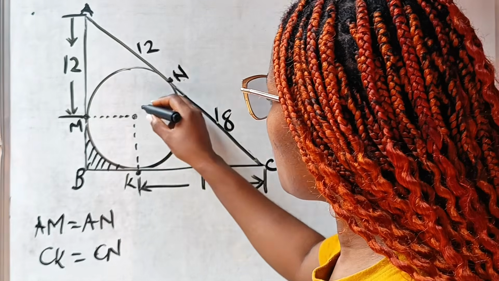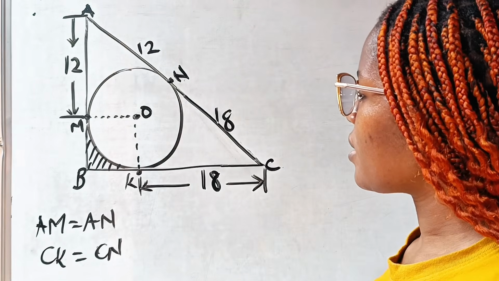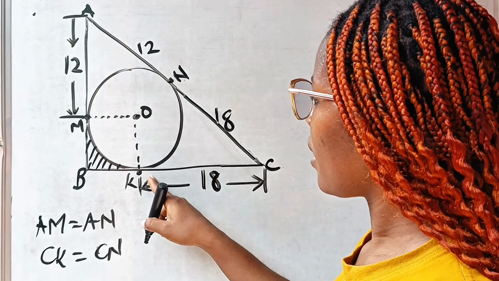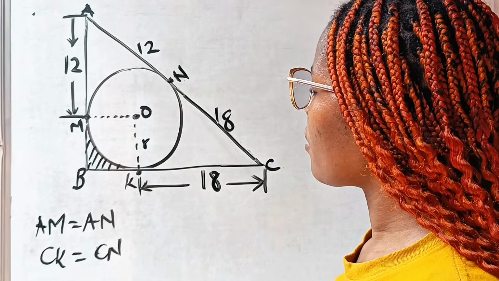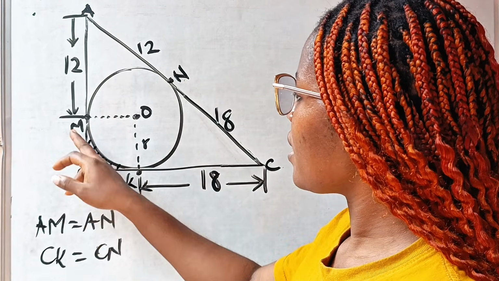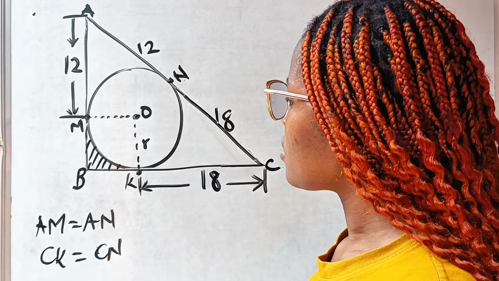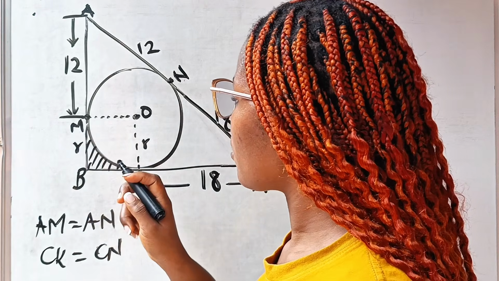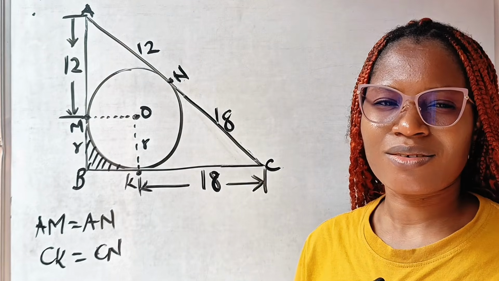Let's call the center point O. Now you can see that OK is the radius of this circle, so we can call OK R, and similarly MB should be equal to OK, so MB is also equal to R. So it means that we have a square of side R.